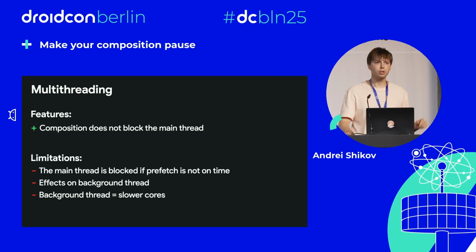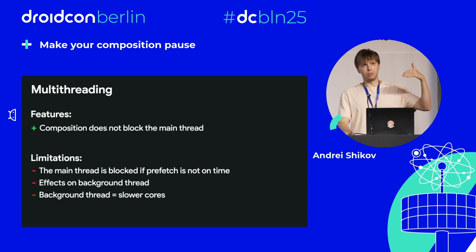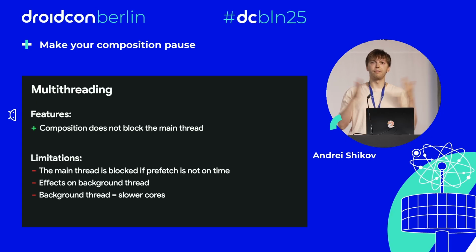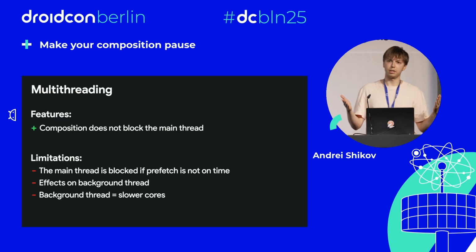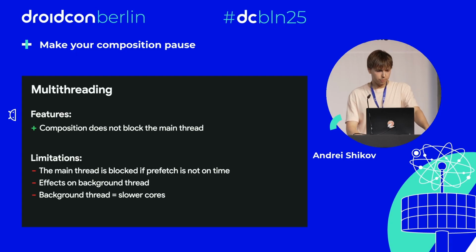But if the core is slower, it will run composition slower. That means that as we move composition to the background thread, it takes longer to execute, and we're actually waiting for it longer on the main thread. So this is not great.